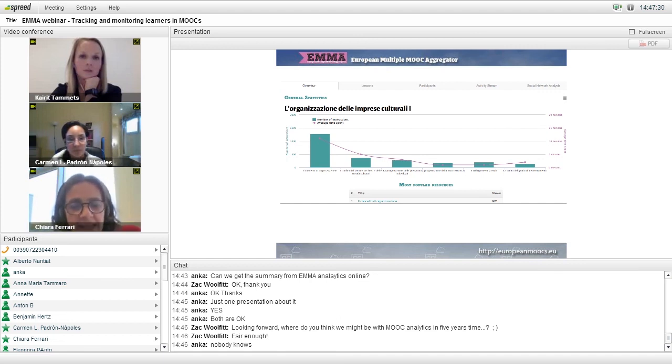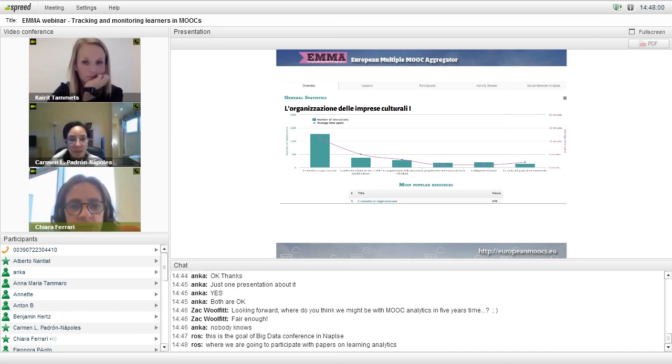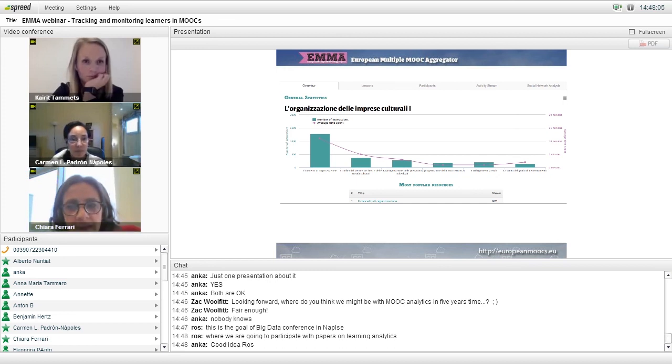By making some order in this big mass of data, we hope that analytics will teach us how to take the best out of MOOCs and how to present them to the educational community as one of the main tools for educating people all around the world, and how to fund them, because analytics will give an idea of how important distance learning is and how much it will be worth funding from institutions and governments and so on. That should be our hope for the role of analytics. I'm not sure if I've answered at least one part of the question.